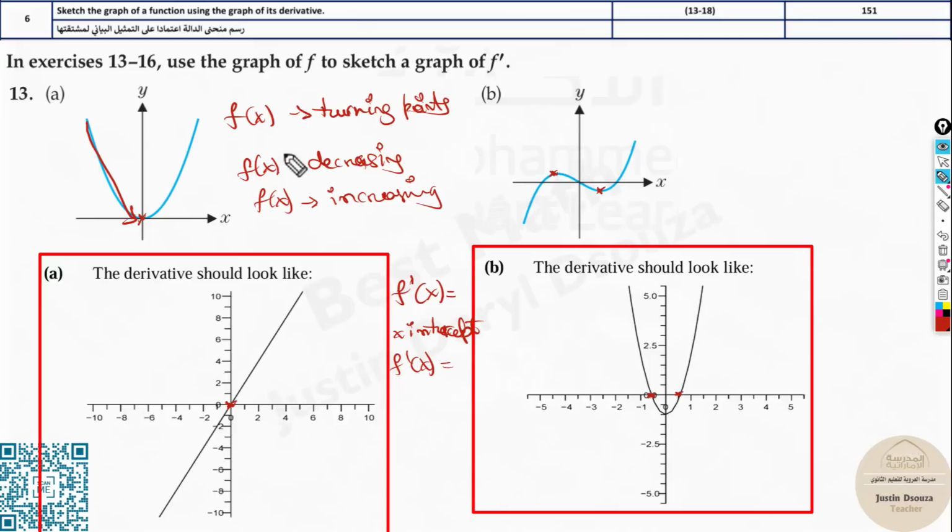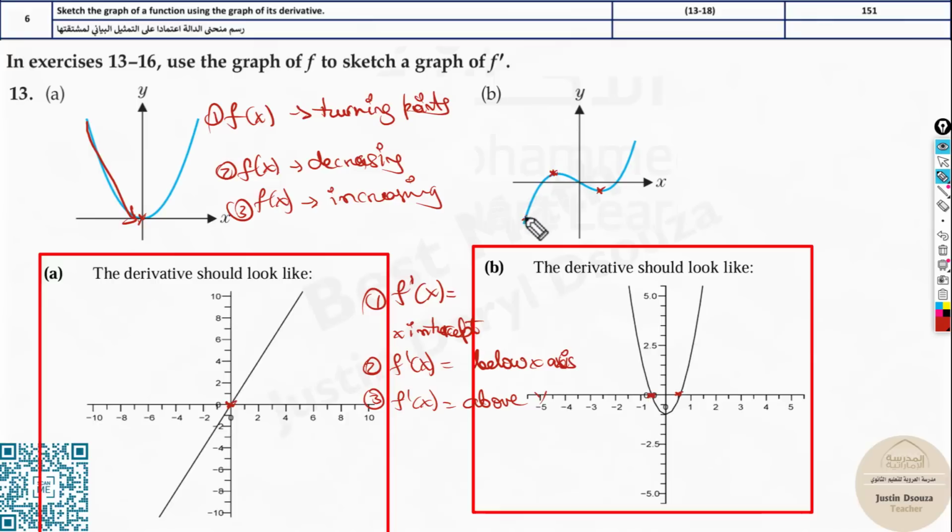What happens here? When it's decreasing, f prime of x is below the x-axis. For this, see, it's 1, 2, 3. The third one will be above the x-axis. So wherever it's decreasing, it's below 0, right? Below here, it's below the x-axis, yes. Whereas this is positive, above the x-axis. Same thing here.